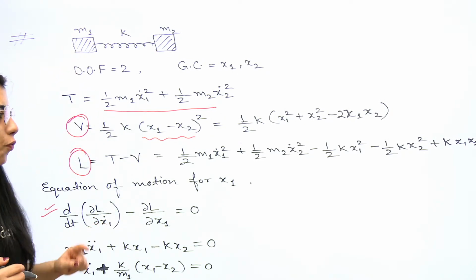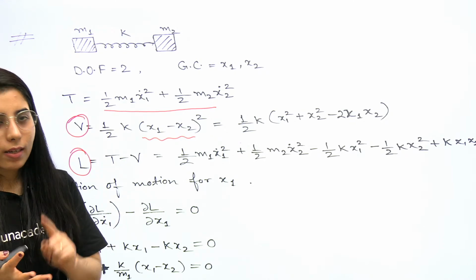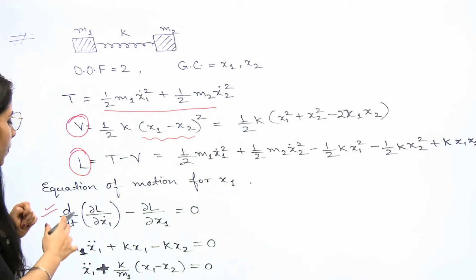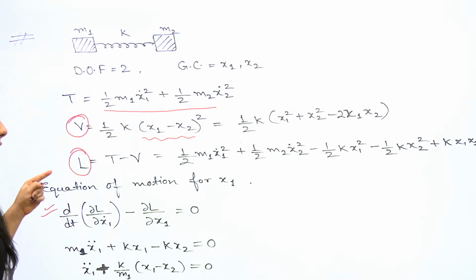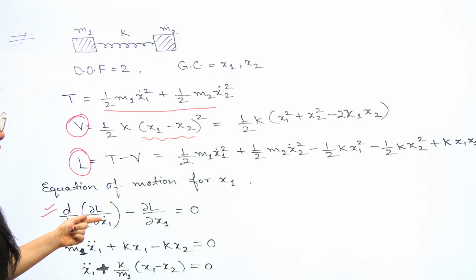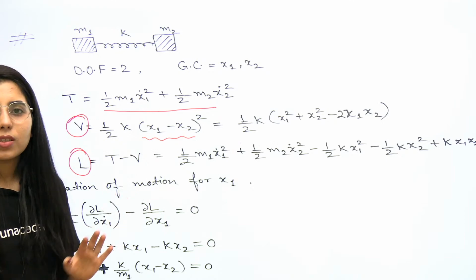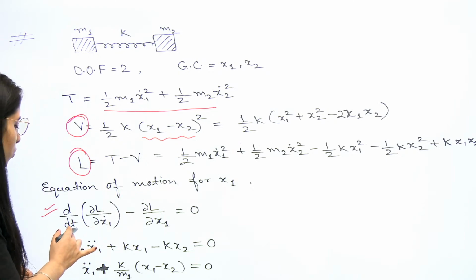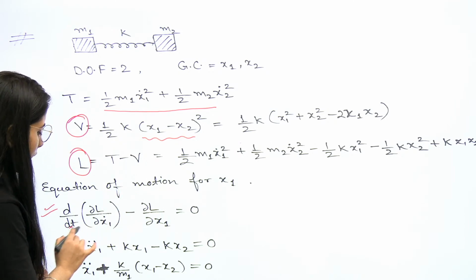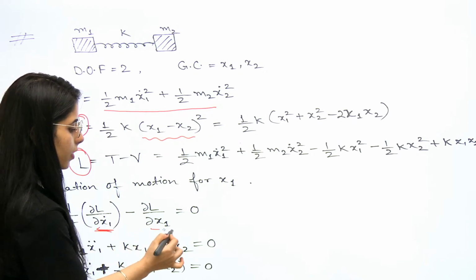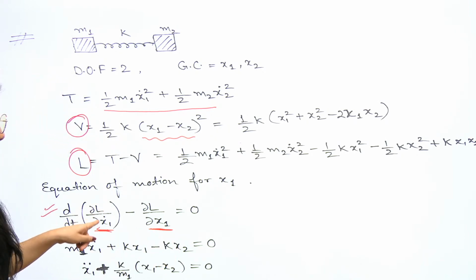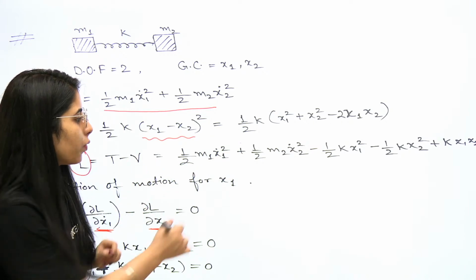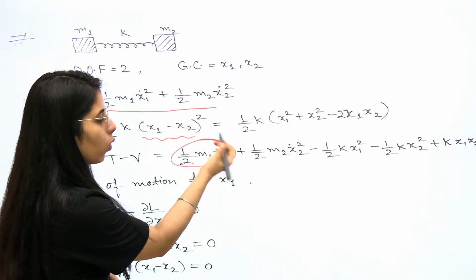Next thing, if we are going to talk about the equation of motion, here again we can write the equation of motion for x1 and x2 separately. Firstly I have mentioned for x1, which is going to be d by dt del L over del x1 dot minus del L over del x1 is equal to 0. Since it is partial differentiation, when you differentiate with respect to x1 dot, you will get one term, only from here.